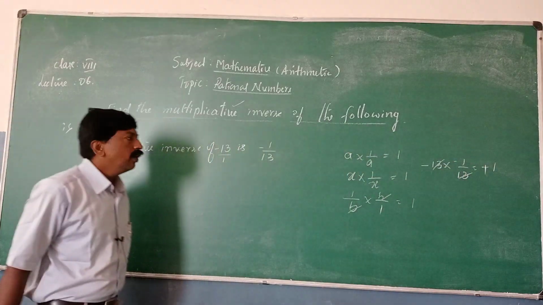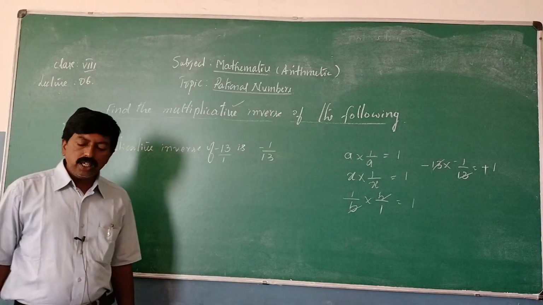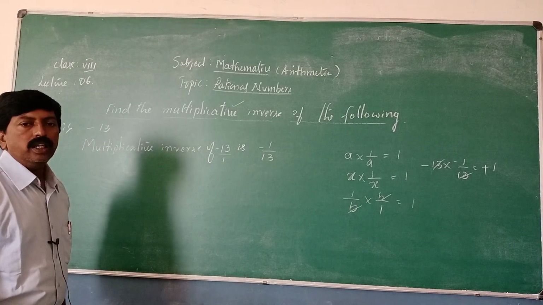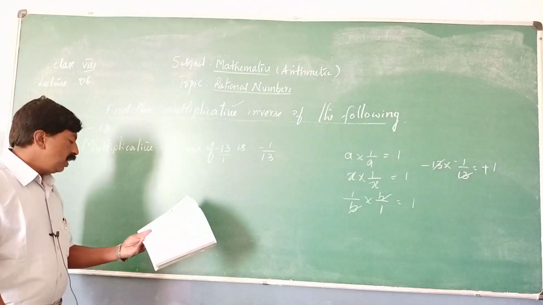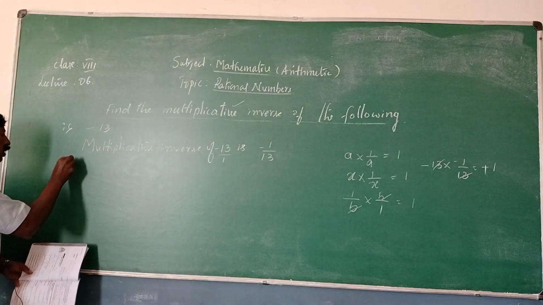Its product is 1. Therefore, the multiplicative inverse of minus 13 is minus 1 by 13.